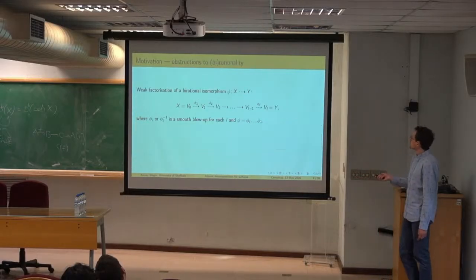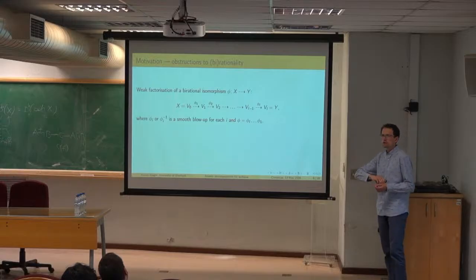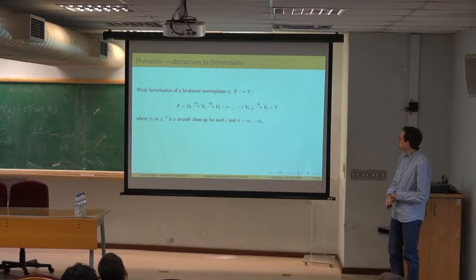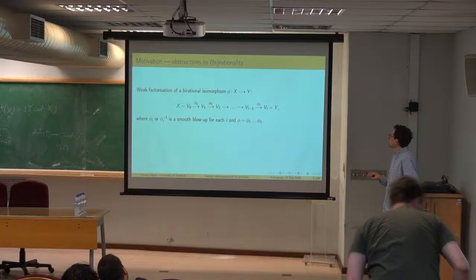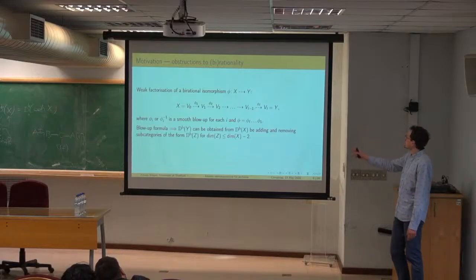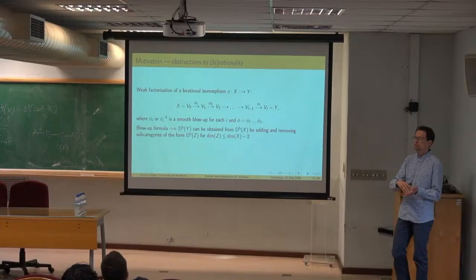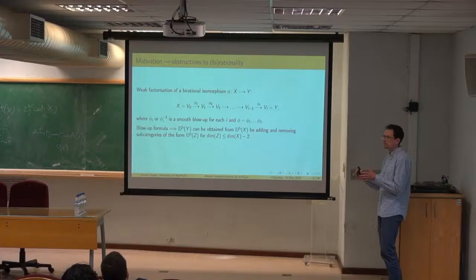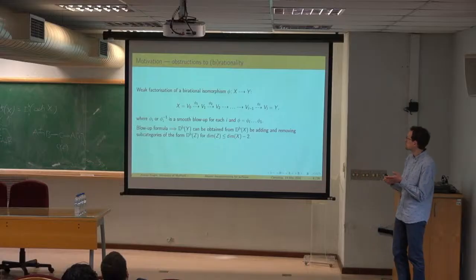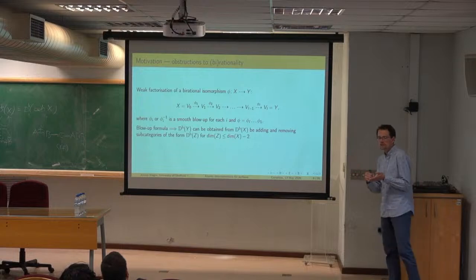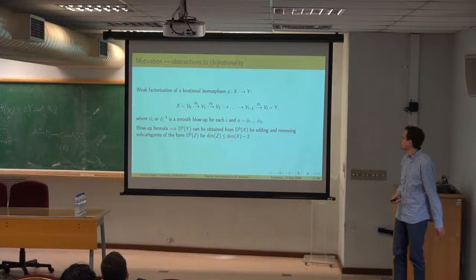And any birational isomorphism is decomposed into a chain of blow-ups and blow-downs. Therefore, we can say that derived categories of X and Y are related. We need to remove and to add, and then to remove and to add some derived categories of varieties having dimension not greater than dimension of X minus 2, because this is the dimension that we can blow up.